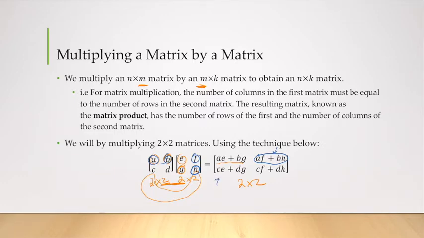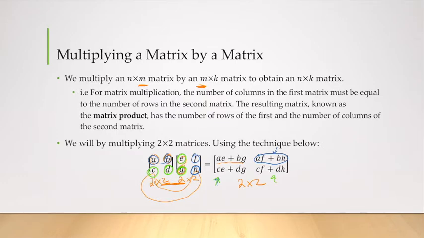So in order to get the entry in my second row, first column, I'm going to take my second row times the first column.